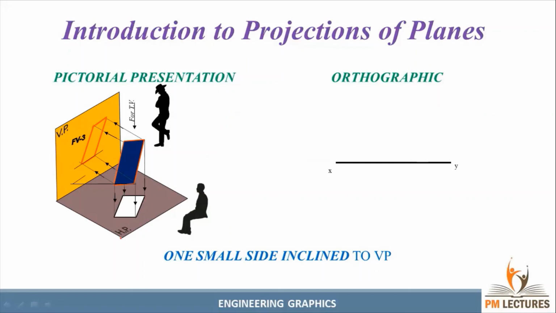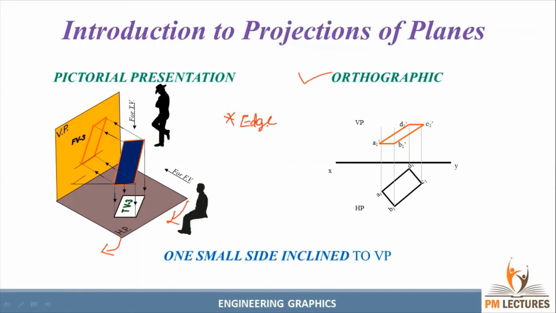Again, I will rotate this HP for 90 degrees only in the clockwise direction, and it will look like this. Okay, this is both inclined. The edge is also inclined here. This is the both inclination, guys: edge and surface also inclined.